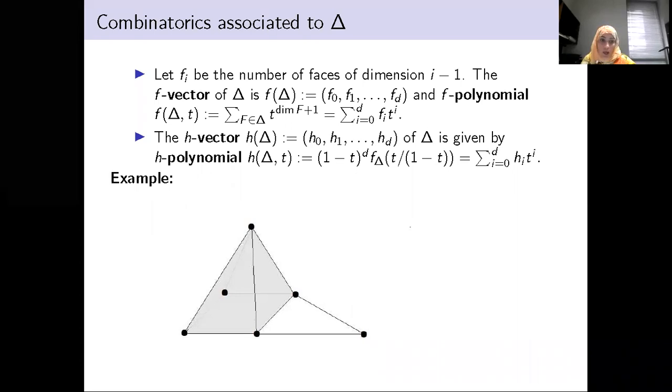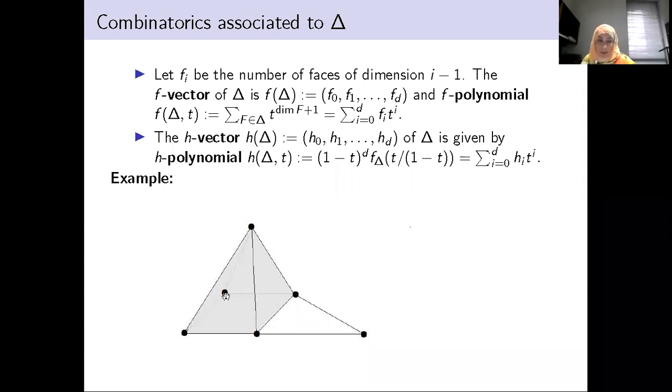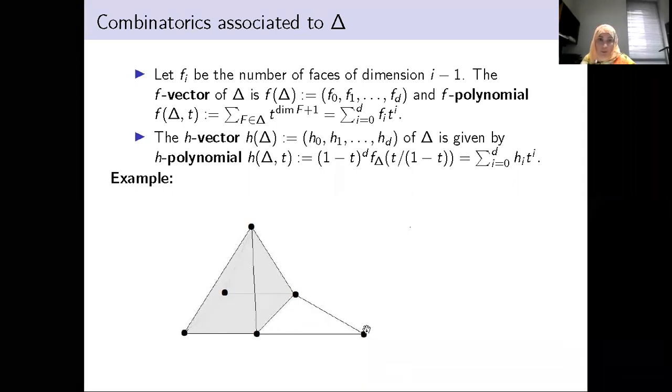So you have this simplicial complex. You can see that this triangle is not shaded, which means it is not a two-dimensional simplex. If you consider just these 3 points, these are just edges. Let's count the number of vertices: there are 6 vertices.